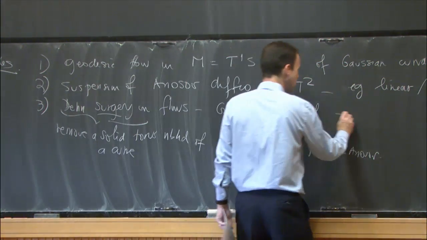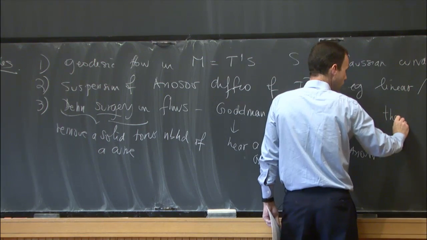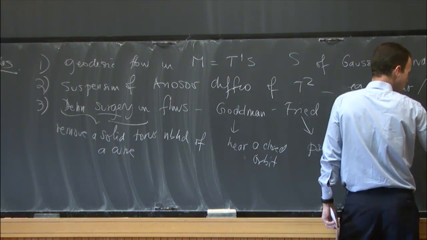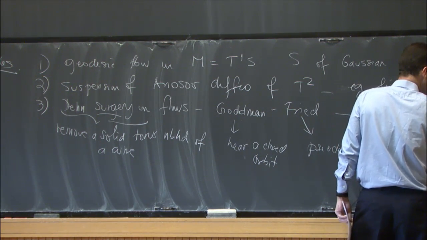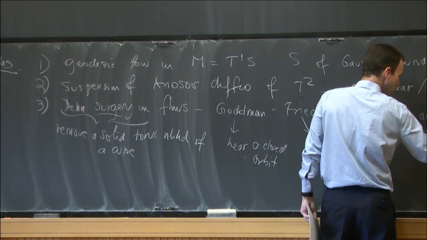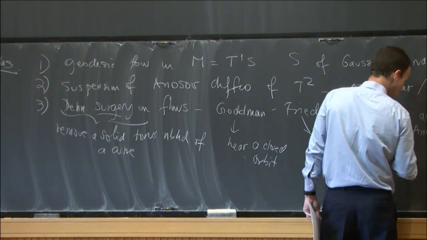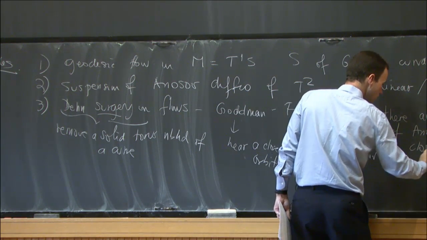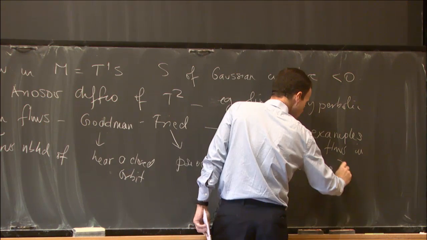The interest here is that there are examples, and actually lots of examples, of Anosov flows in closed hyperbolic three manifolds.